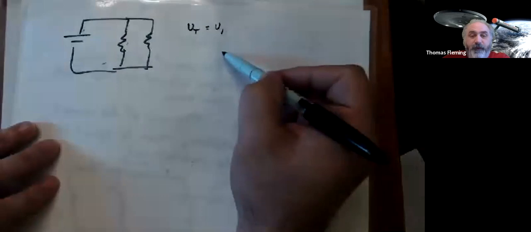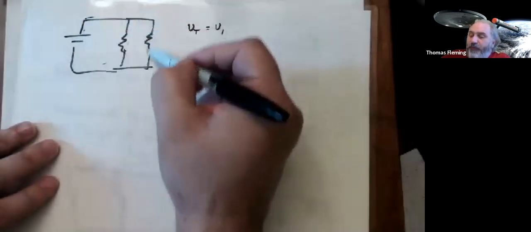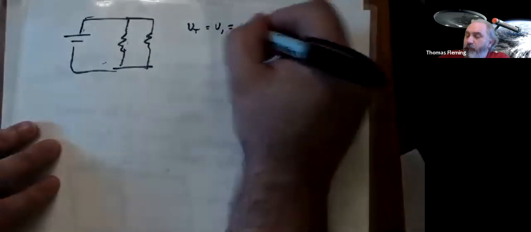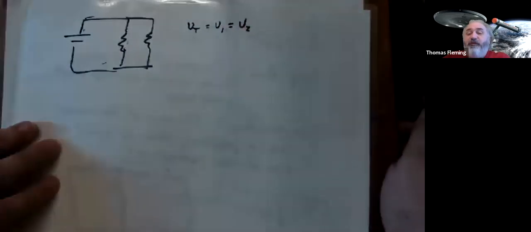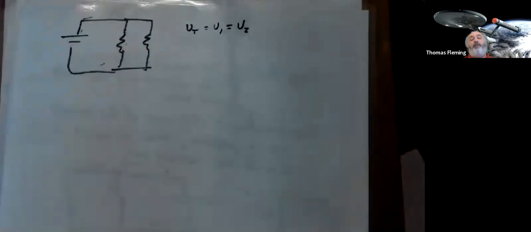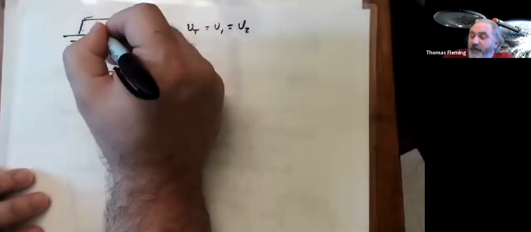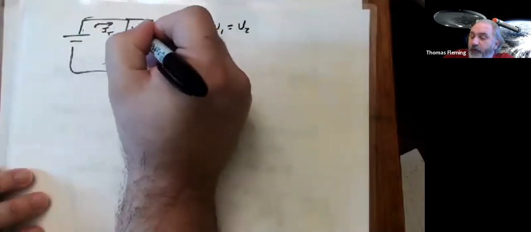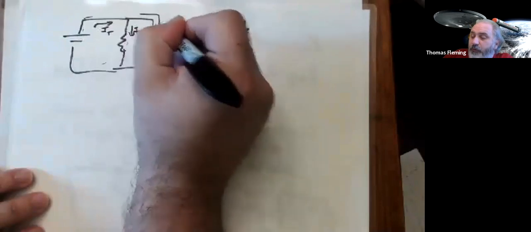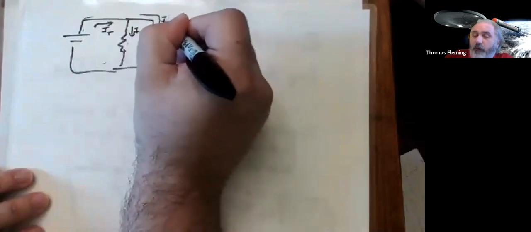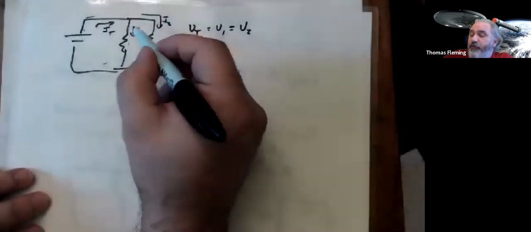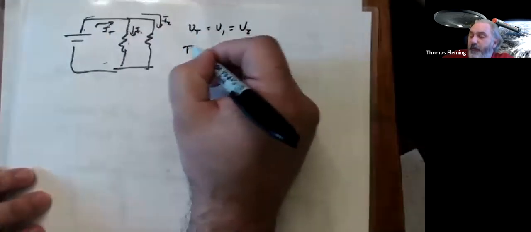If I went around the outside loop, I'd only have 1 drop there. So V2 had to be the same thing as well, right? That was the assumption. We also said that I have here I total coming out, but I had I1 come out there and I2 come out there. And we said at the time that these 2 currents had to add up to that.